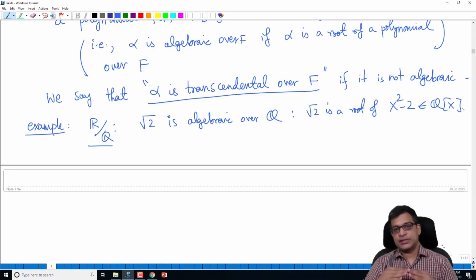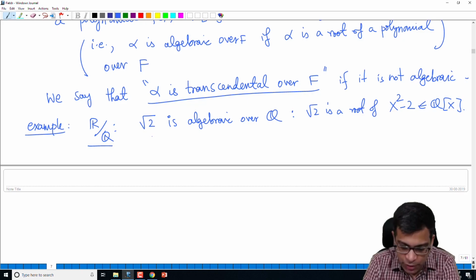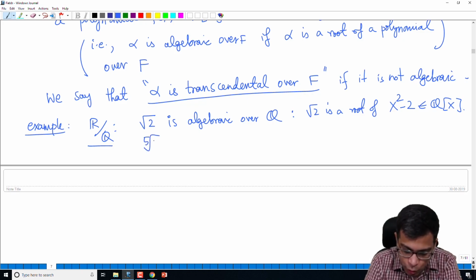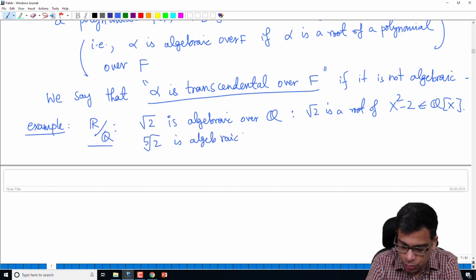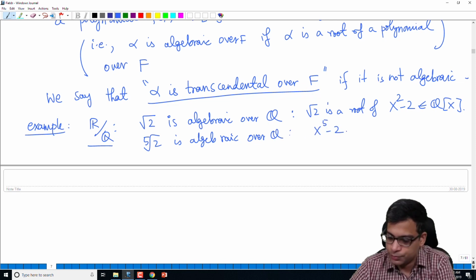Okay, so root 2 is a root of the polynomial x squared minus 2. Similarly, the fifth root of 2 is algebraic over Q. That is because we can consider the polynomial x to the power 5 minus 2.